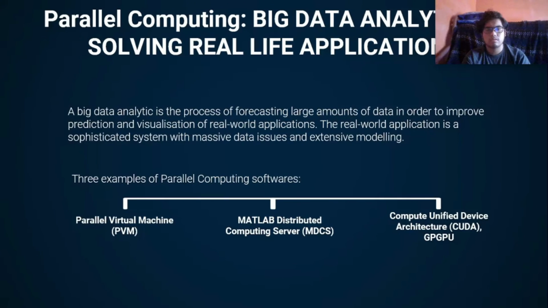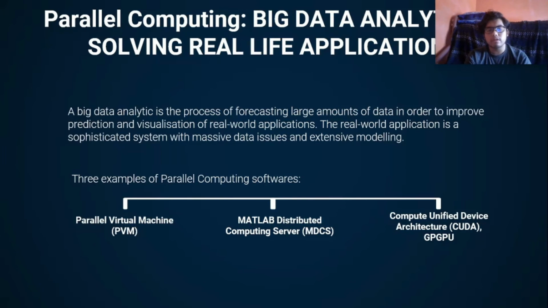Firstly, I will explain about parallel computing and big data analytics for solving real-life applications. Big data analytics is the process of analyzing large amounts of data in order to improve prediction and visualization of real-world applications. A real-world application is a sophisticated system with massive data issues and extensive modeling.